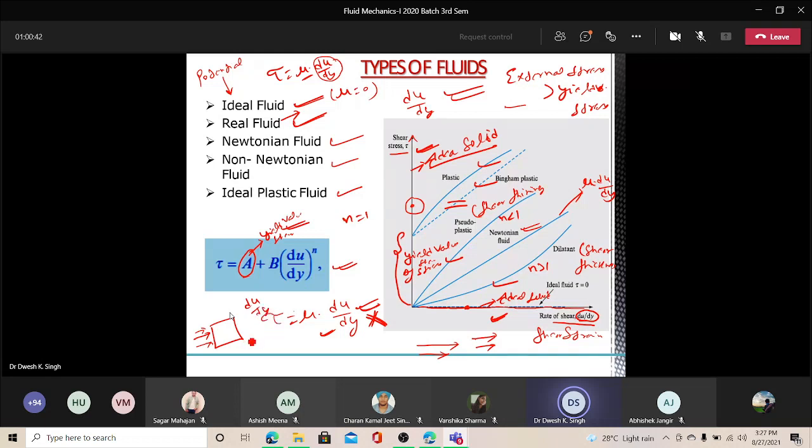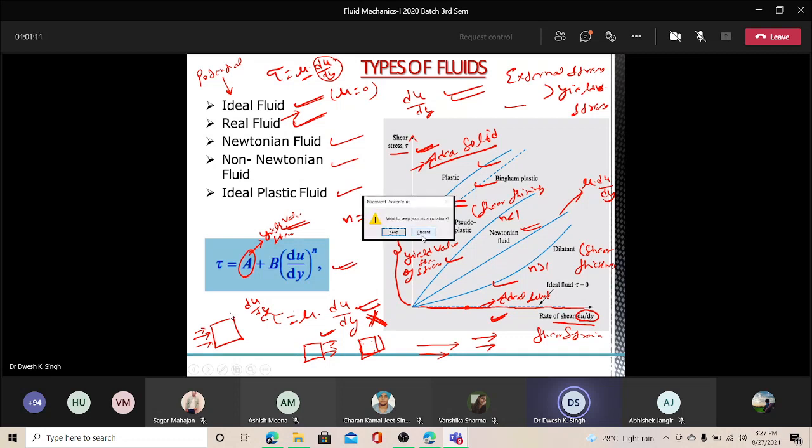When does that happen? When it is a solid body, because a solid body moves with the molecules at their same position. So there is no gradient, but still there is a stress. When you apply the stress, there is no gradient. That happens in a solid. So this line represents the ideal solid.